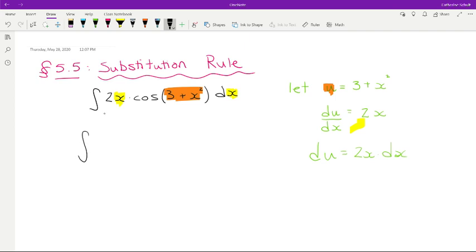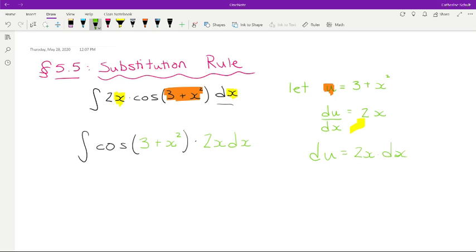We can completely rewrite this integrand in terms of u. All right, and I'll show you how. I'm going to color coordinate because I love that. And I'm going to rearrange some things. I'm going to put the 2x by the dx. Do you see how I did that?